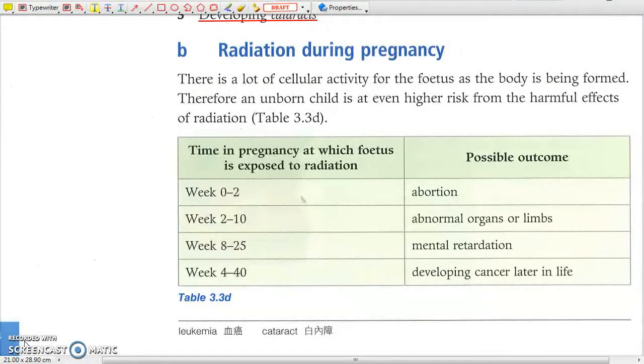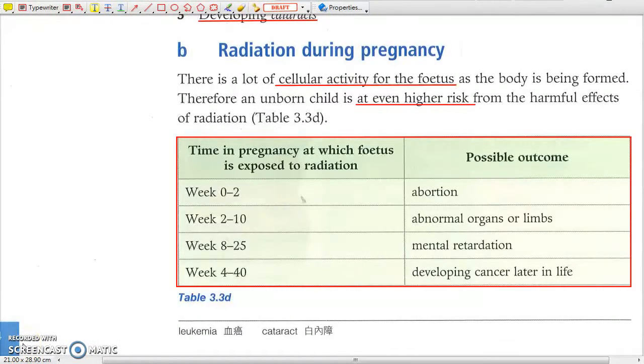Under active cell division and various other cellular activities, a fetus is most vulnerable to radiation attack. The effect can be immediate, and some effects emerge many years after the baby is born. Abnormality and cancer are common in these cases.